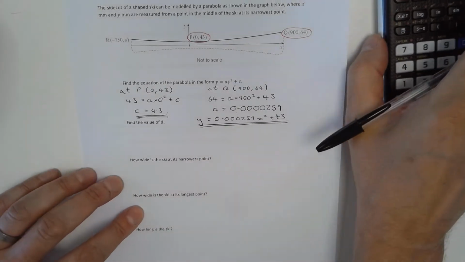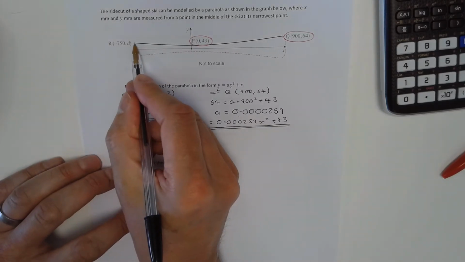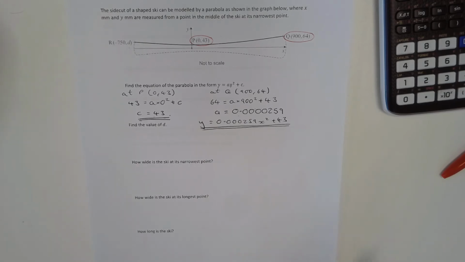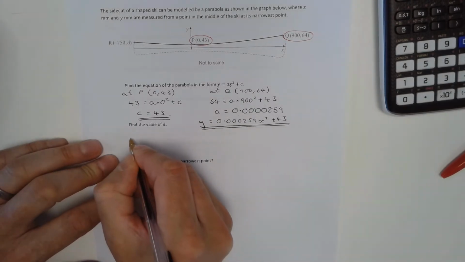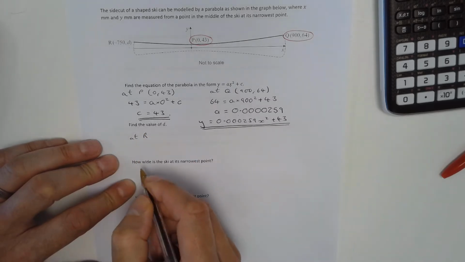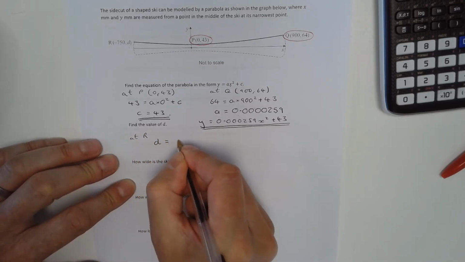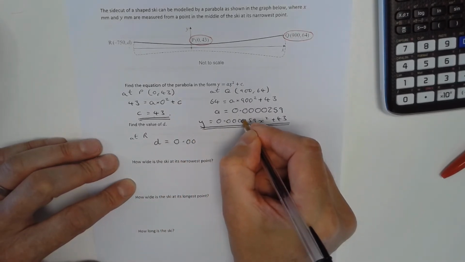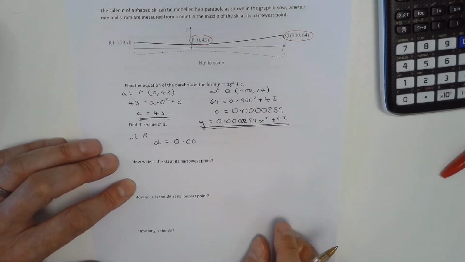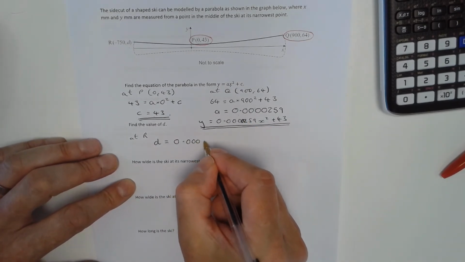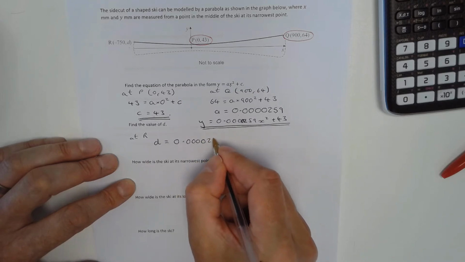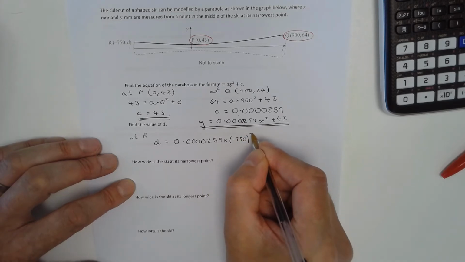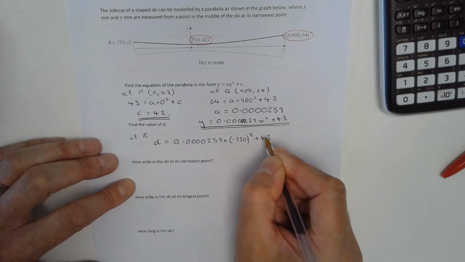Now find the value of d. I've got this point here, R, and I know the x coordinate is minus 750, so at R, d equals, I'm going to substitute my x. Whoops, I think I've missed a 0 off there, that would have been a disaster. There we go: 0.0000259 times minus 750 squared plus 43.